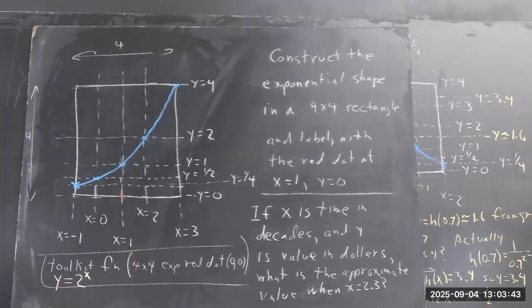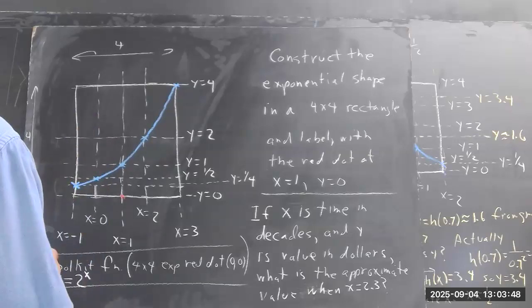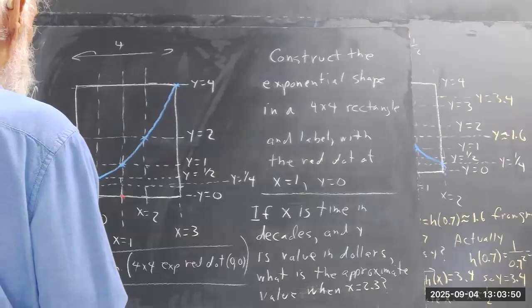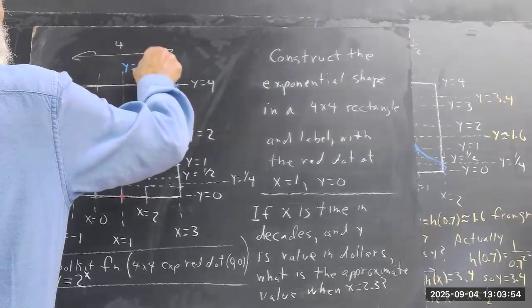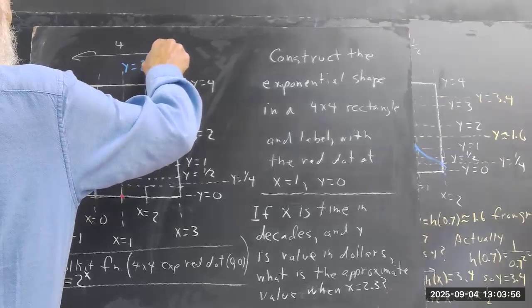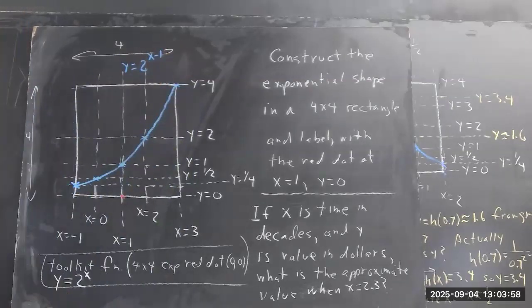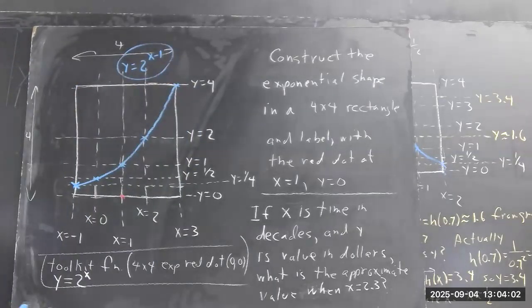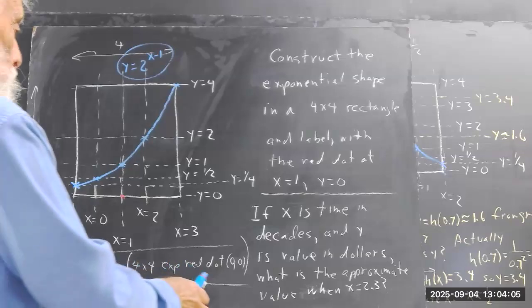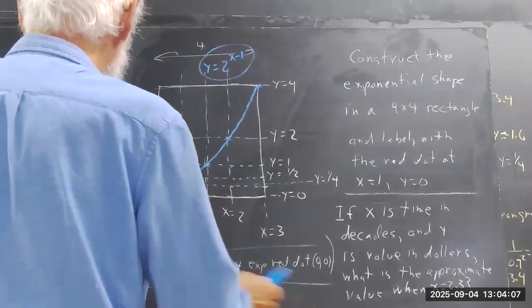Okay, well, back to reality. Here's your toolkit function, y equals 2 to the x. This function is 2 to the x minus 1. Now I've got to do this really briefly because there's a lot of other stuff we need to talk about.